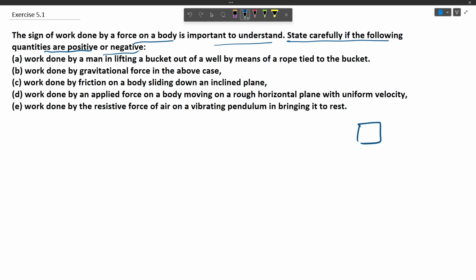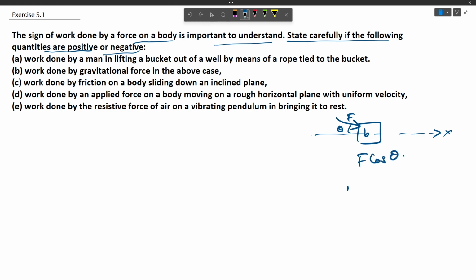Work done on a body B with a force F acting is defined as the product of the component of force in the direction of displacement. So if we assume the direction of displacement to be in the x direction, and the force F makes an angle of theta with the horizontal, the component of force in the direction of displacement would be F cos theta.